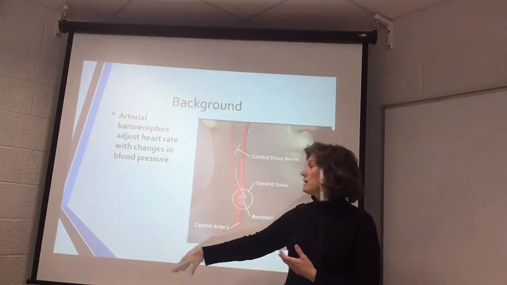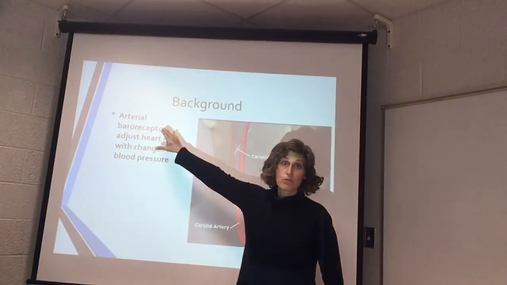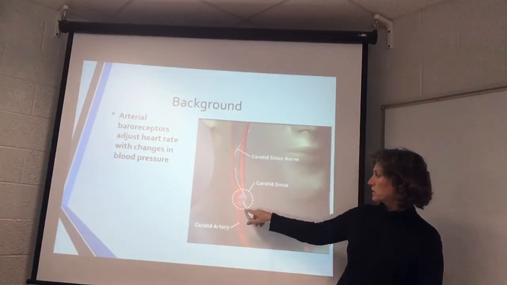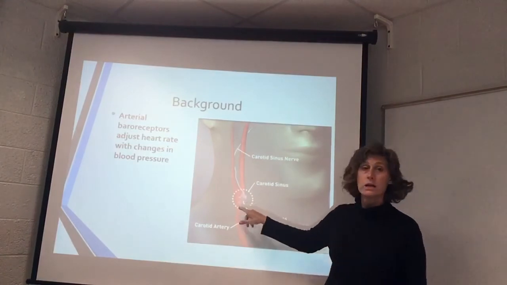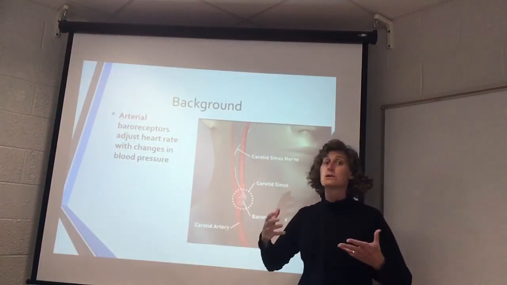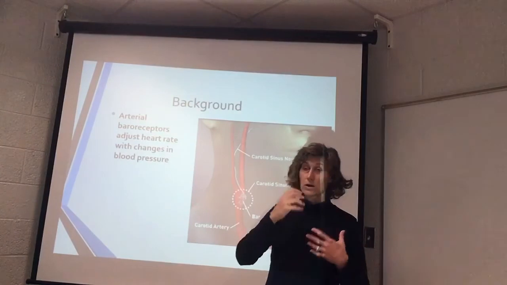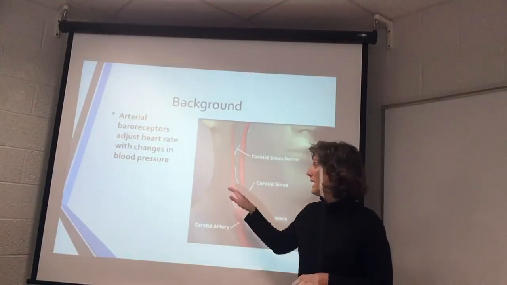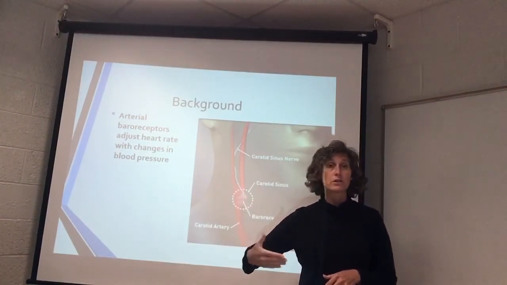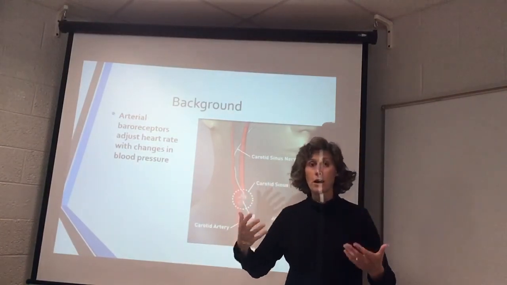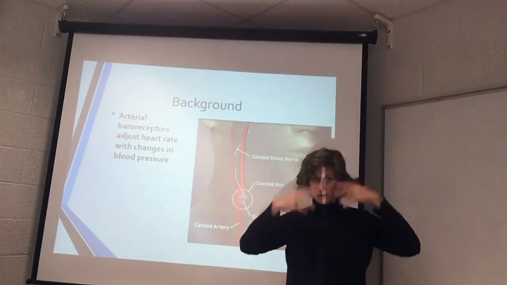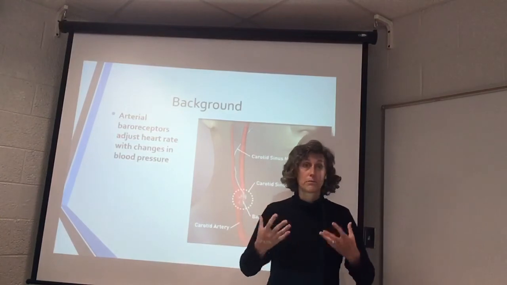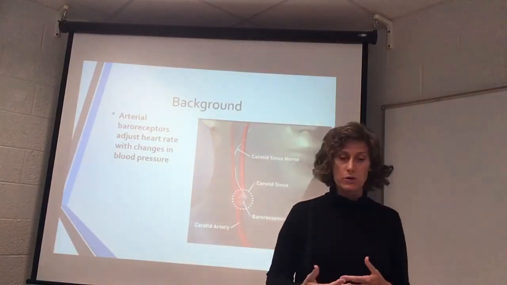The arterial baroreceptors, pressure receptors in the arteries, such as these baroreceptors in the carotid artery, will send a signal to the pacemaker of the heart, and the sympathetic or parasympathetic nervous system will make their changes and adjust heart rate. So when you first stand up, that drop in blood pressure from your head will trigger a need to increase heart rate, to speed up blood getting to where it needs to go.